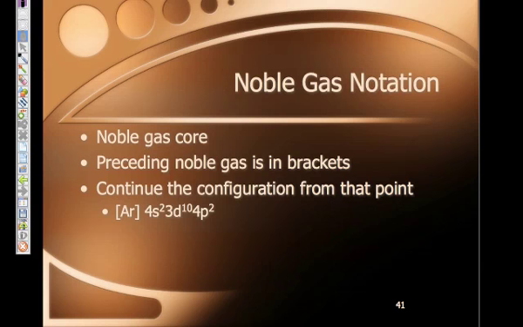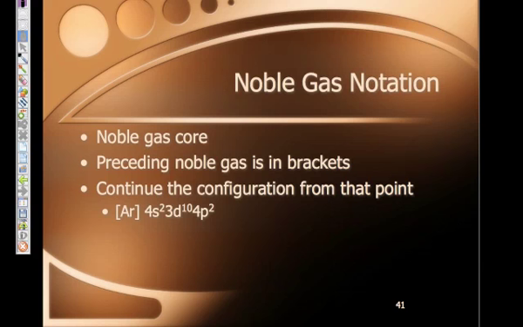So you don't have to write out the whole configuration. What element would this be for? Argon. So we're using the whole configuration for argon, plus 4s2, 3d10, 4p2. Germanium, yep.